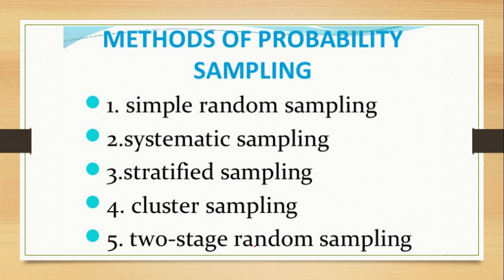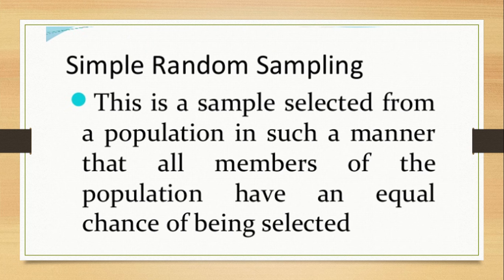So here are the methods of probability sampling. One, simple random sampling. We have systematic sampling, stratified sampling, cluster sampling, and two-stage random sampling. So these are the methods of probability sampling.